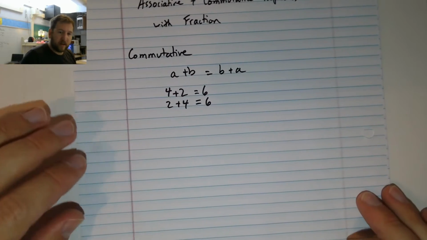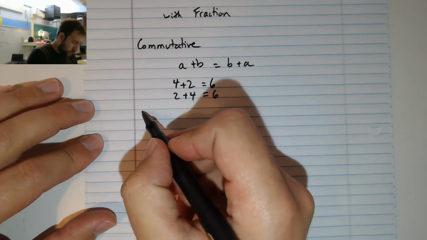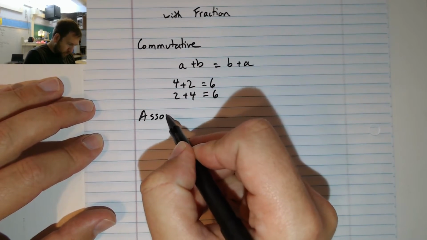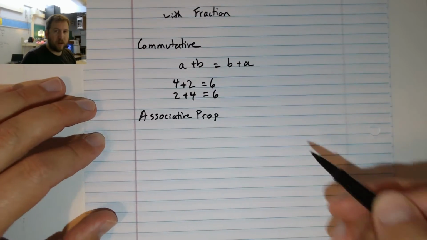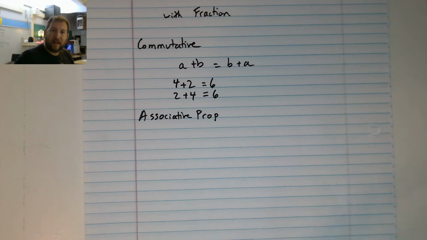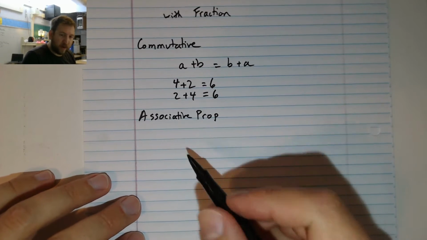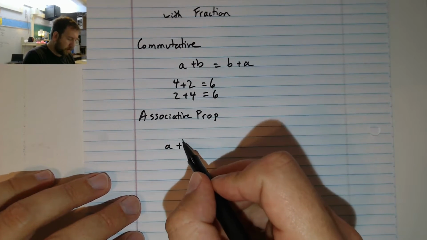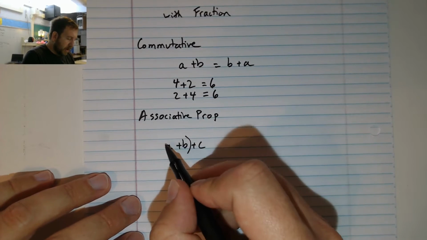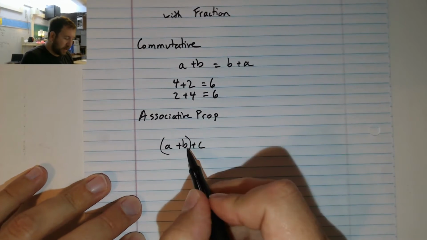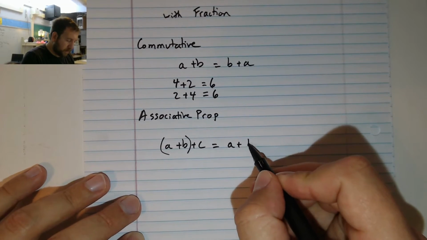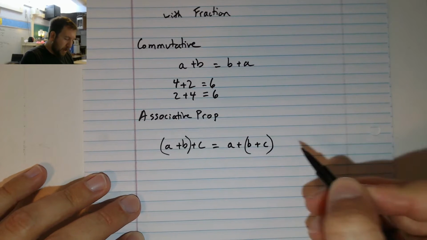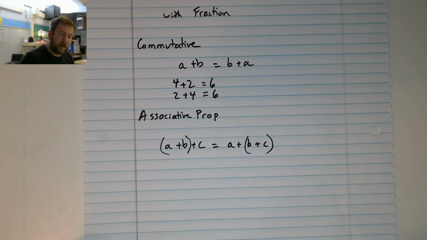Quickly recall that the associative property is the one that I described like how people talk in their associations and who they move with. If I'm adding three things, A plus B plus C, and I use my parentheses to associate the A and the B, I can change it to associating the B and the C, and it doesn't affect the result as long as things are being added.